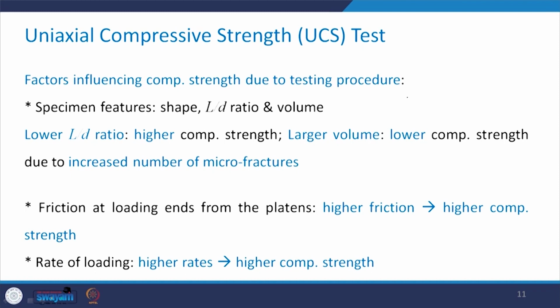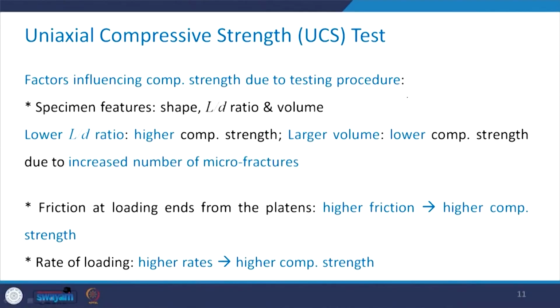When you have a larger volume of the specimen, the number of microfractures present in that specimen is also larger, and the end effect is that as a whole they reduce the compressive strength. So, the larger the volume, the more micro cracks, and therefore the lesser the compressive strength.